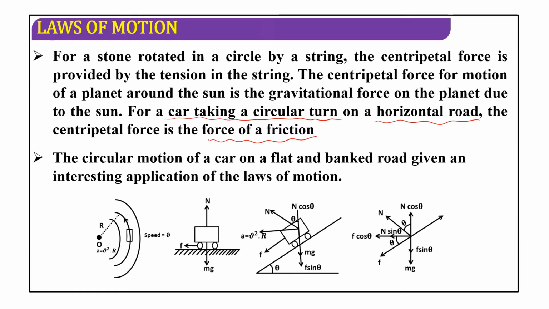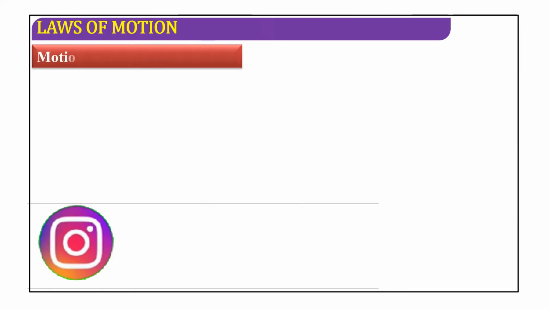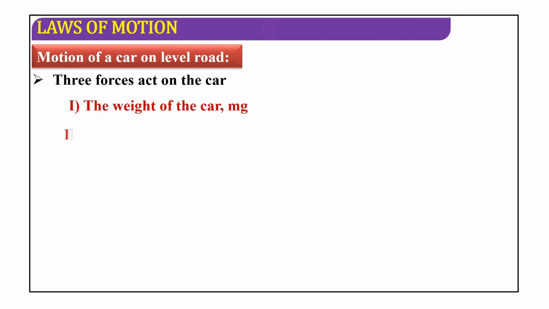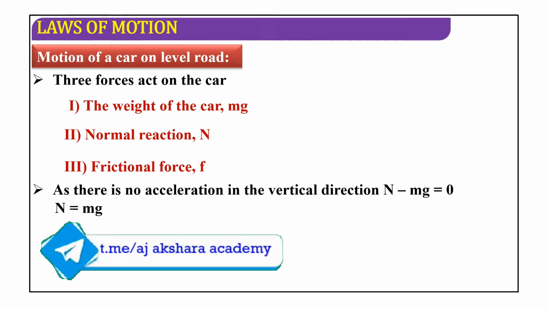This is the circular motion of a car on a flat and banked road. Now we'll discuss motion of a car on a level road. Three forces act on the car: the weight of the car mg, normal reaction N, and frictional force F. As there is no acceleration in the vertical direction, N minus mg equals 0.